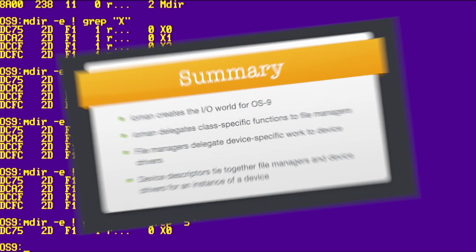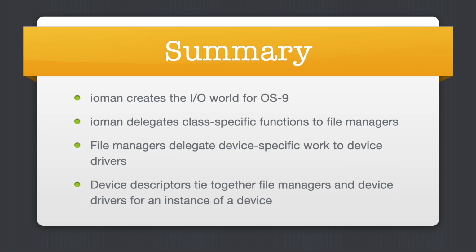Very convenient. To summarize, IOMan creates the I/O world for OS-9. It defines the entry points and data structures for the file managers that live beneath it. IOMan delegates class-specific functions to those file managers. File managers exist for things like block devices, sequential character devices, and pipes.